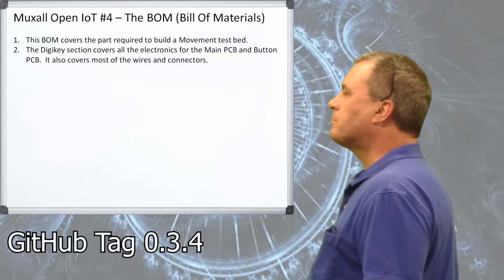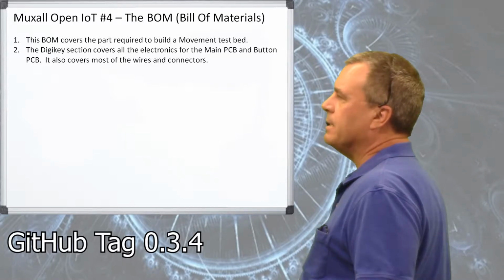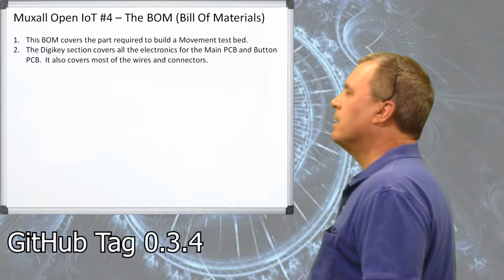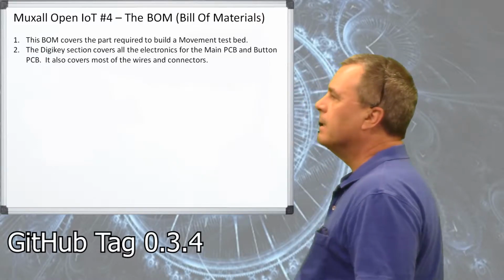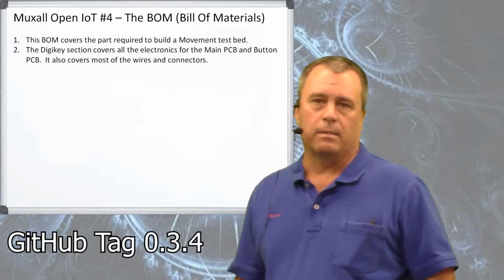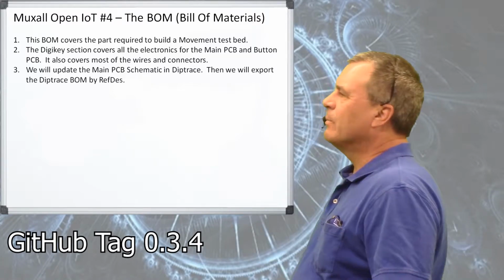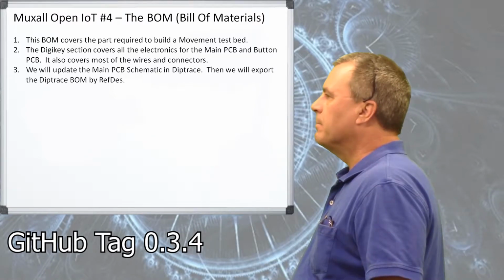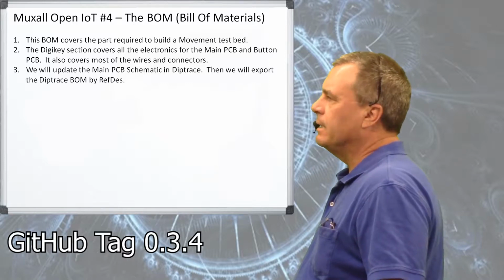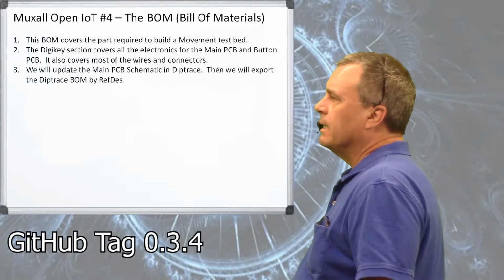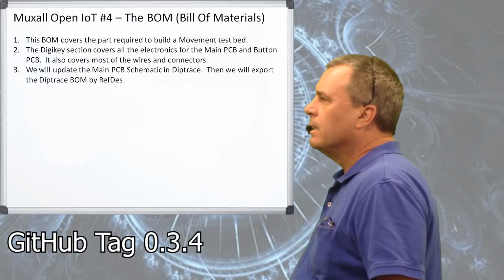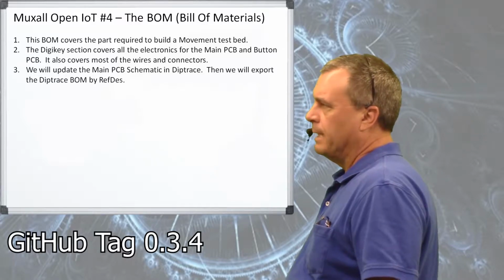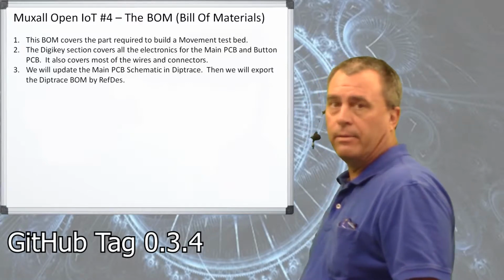Inside the BOM is the DigiKey section that covers all the electronics for the main PCB, button PCB, and also the wires and connectors. So the next thing we're going to do is update the main PCB schematic in DipTrace, and then export the DipTrace bill of materials by Reference Designator.